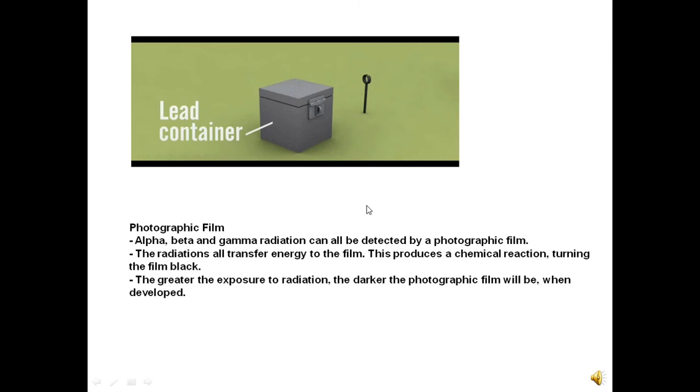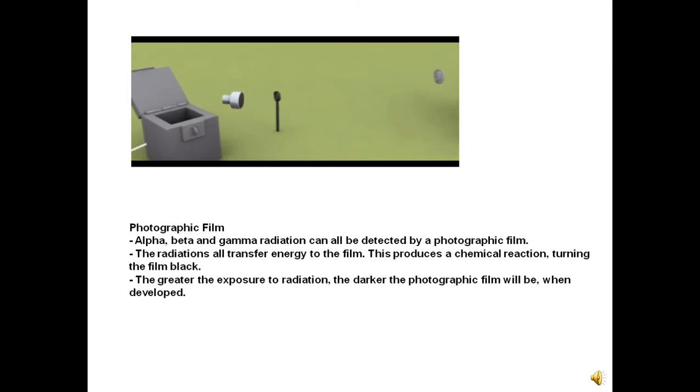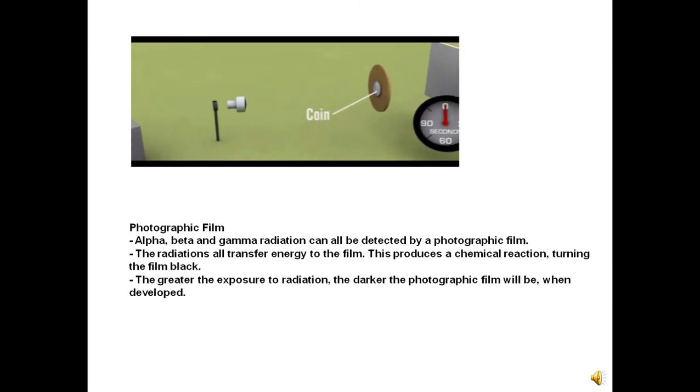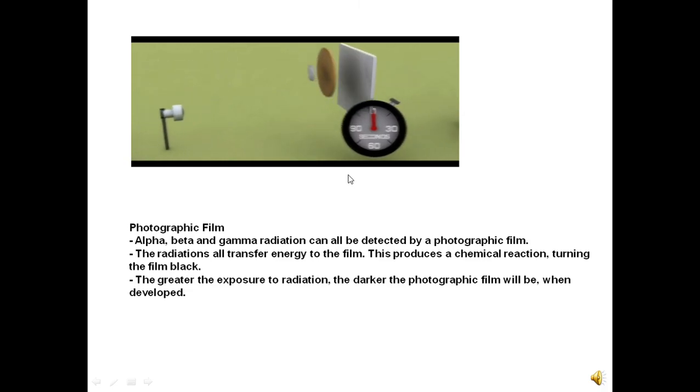And one of the ways that we can detect radiation is the use of photographic paper. So if you bring your source up to some photographic paper, and here you've got a couple of barriers, you've got a coin, you've got some card, and the photographic paper wrapped in paper here.